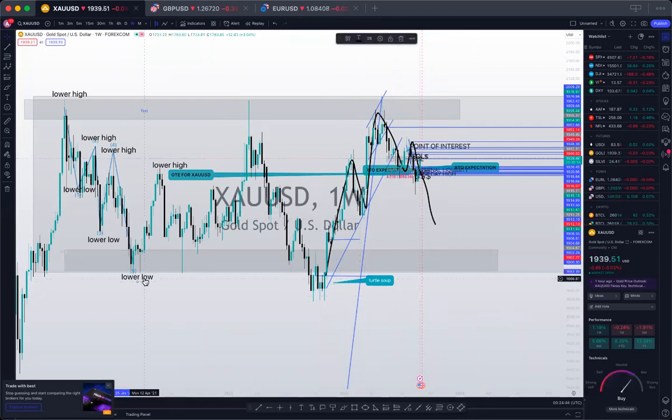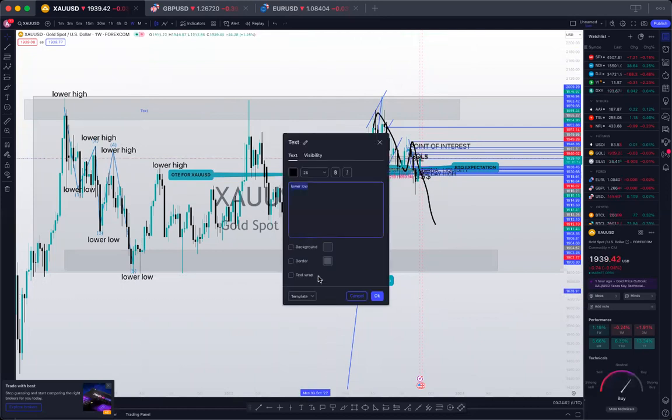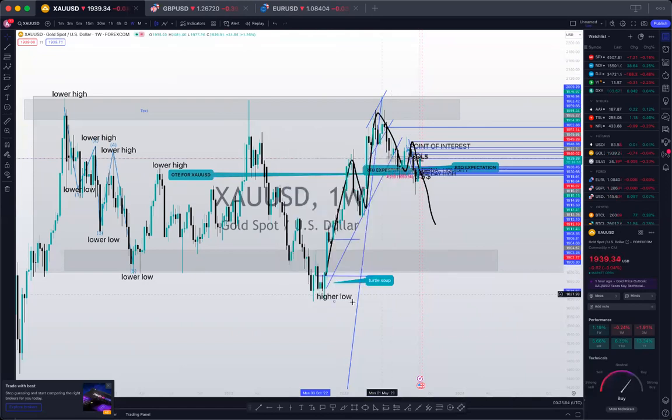So the validation of an uptrend will be another higher low. Understand?